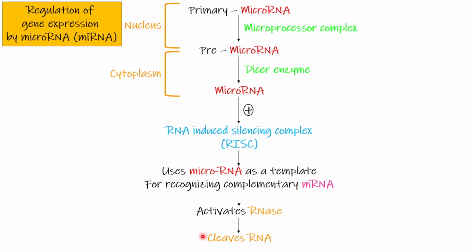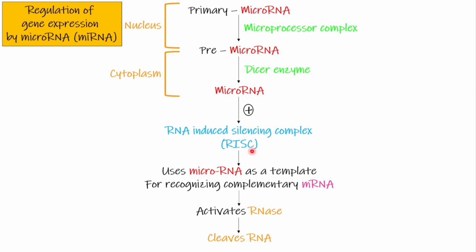Okay, we have discussed earlier that microRNA regulates gene expression. microRNA will control the production of the proteins by the translation. So microRNA can put a stop or can silence the process of transcription and translation. So how is it going to do that? When it is formed in the cytoplasm, it will act in coordination with the RNA-induced silencing complex.